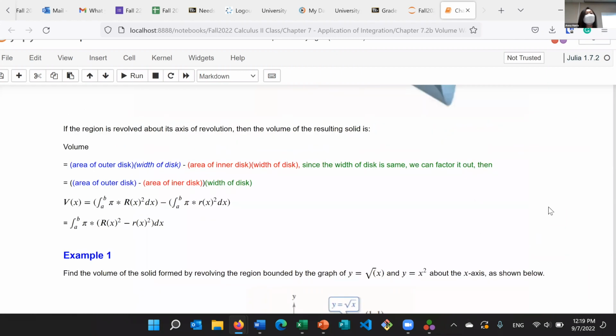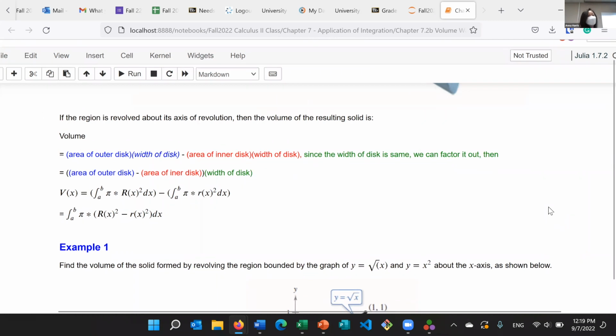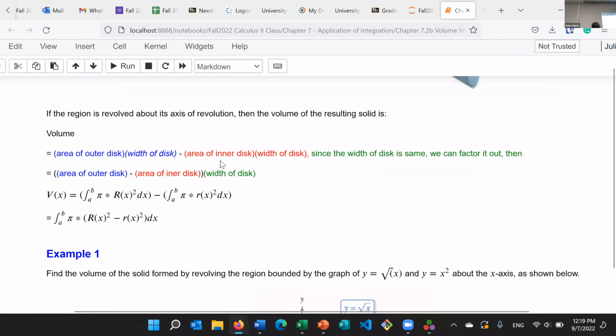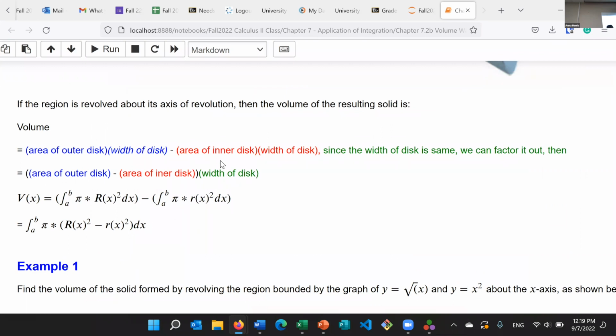So this is how you find it. You want to find, let me make it bigger. So you do outer area, outer times this up here, minus the inner area, this times this, you subtract those.